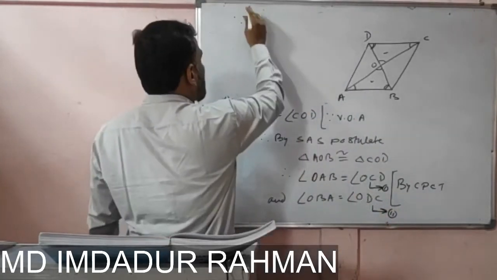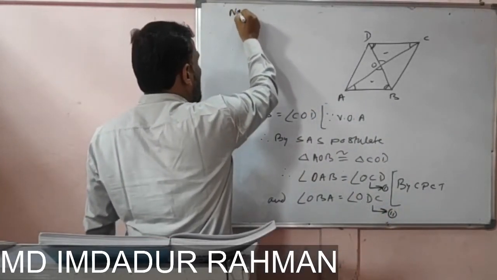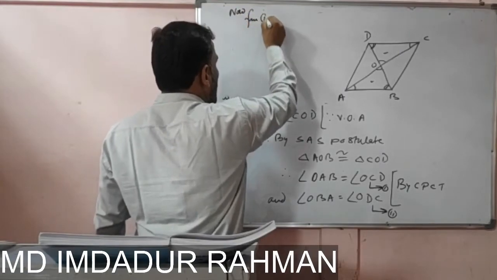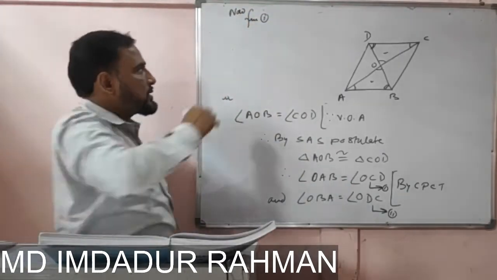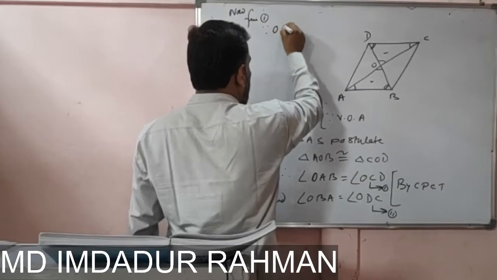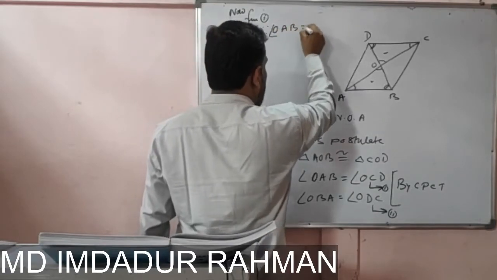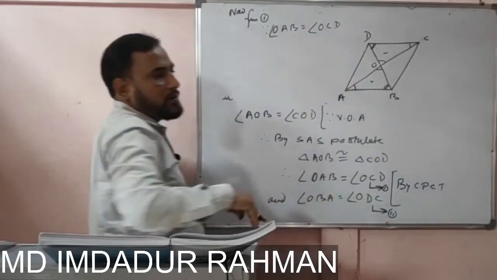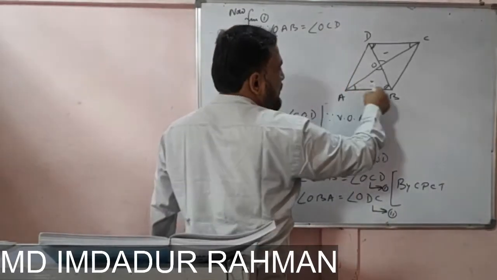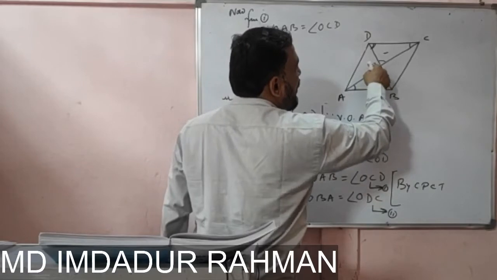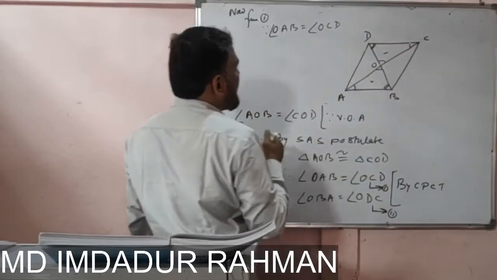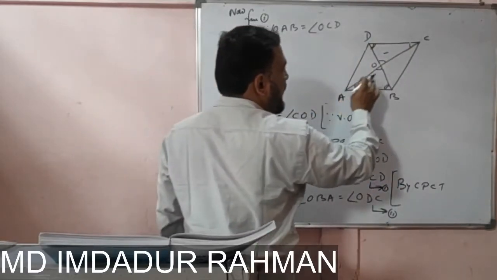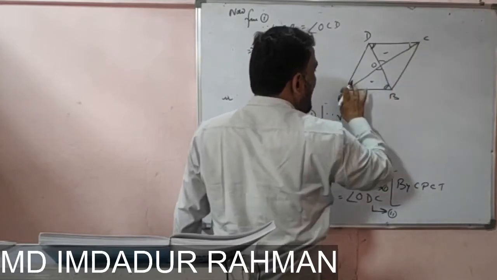Now from 1, since angle OAB is equal to angle OCD, and if we write the full name of the angle, it becomes CAB.